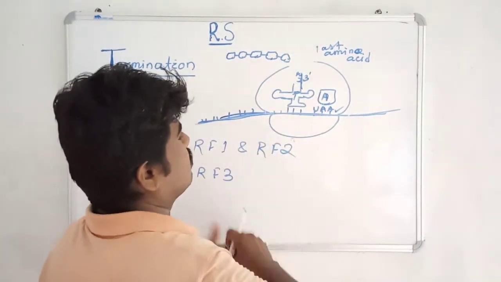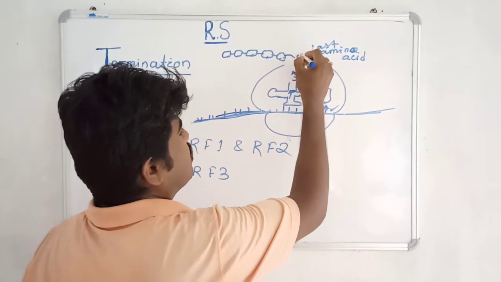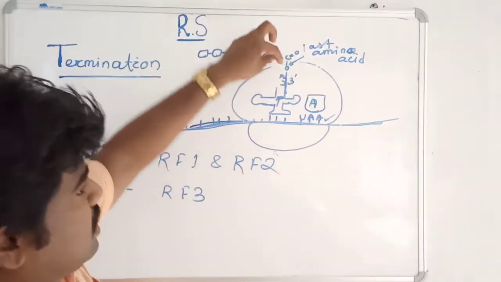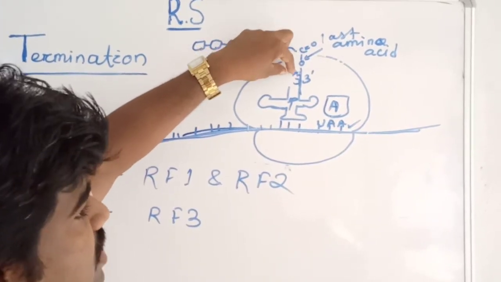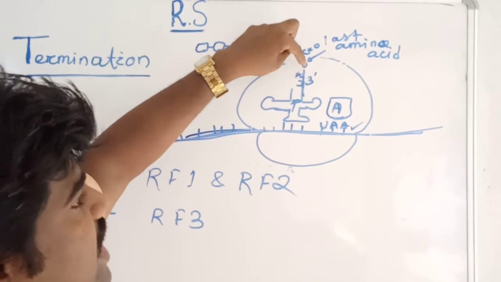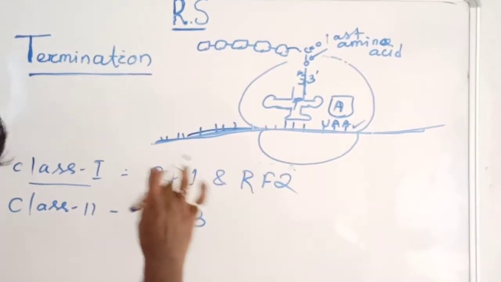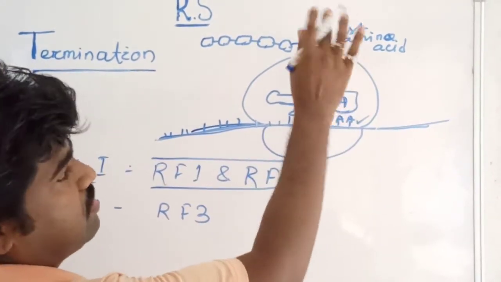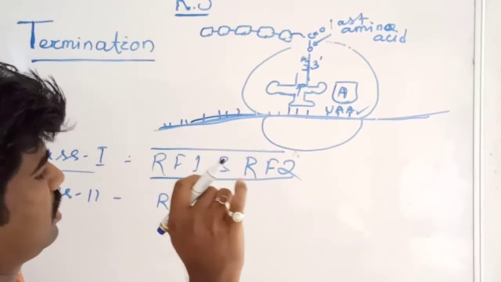So let me draw it. So this is the ester bond, and the ester bond is formed between the carboxylic group of the last amino acid and the 3' OH end of the last nucleotide, that is the adenine nucleotide. And RF1 and RF2 trigger the hydrolysis of this ester bond, so that the polypeptide is released.